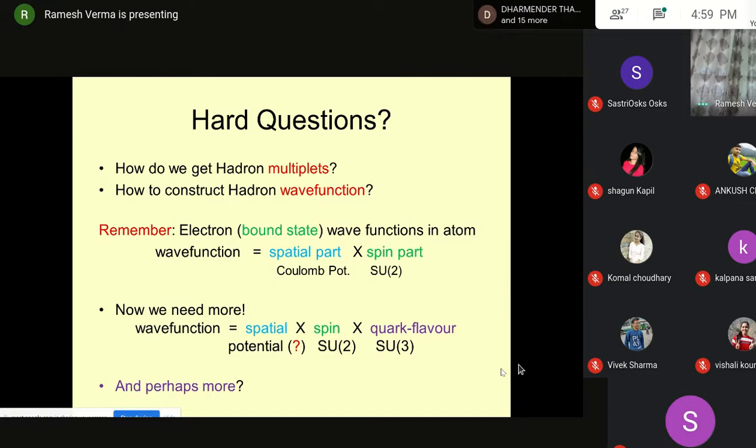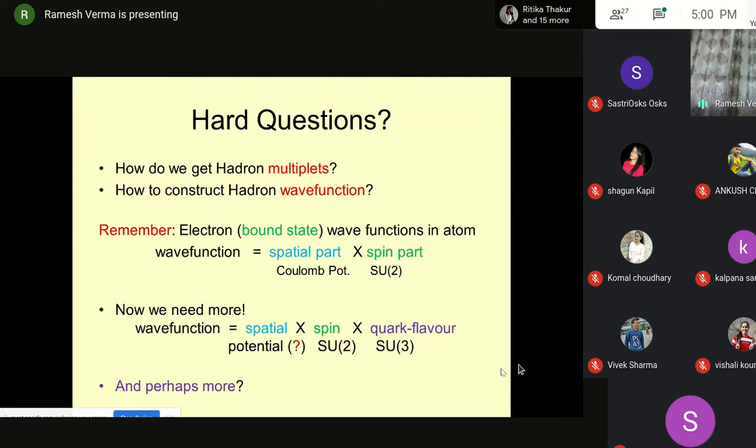Let us recall what we have done as far as electron states are concerned. How do we construct the electron wave function? We treat an atom, say the hydrogen atom, as a bound state of proton and of course electron, and this binding is done through the Coulomb potential as a first part, and then we solve the problem. How do we solve it?